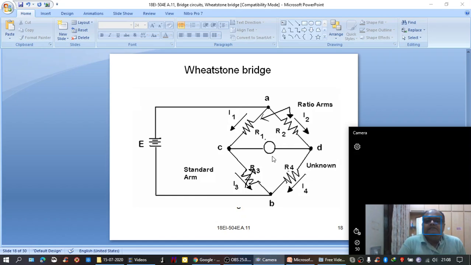And the resistance in the arm CB, that is R3, is taken to be a variable resistance, because when the bridge is formed and energized by the power supply E, then initially, because of mismatch of voltages at C and D, the null detector will show some non-zero value.